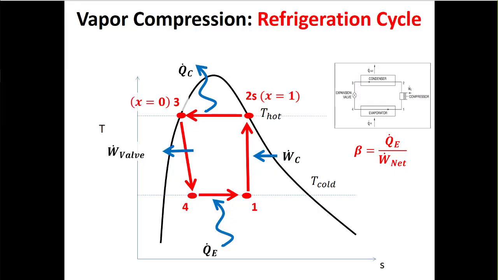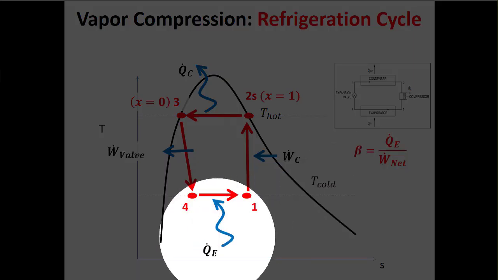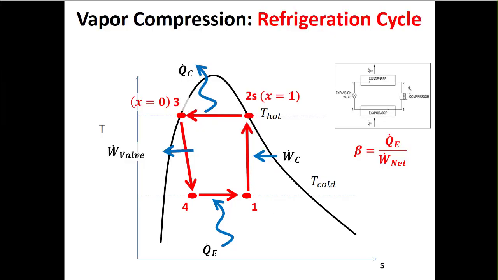Now the thing is, for refrigeration cycles, the energy benefit is the heat that gets removed from the cold side. So this is the heat at the cold side, or the evaporator heat rate. And then the energy cost is going to be our net power. If you've ever run an air conditioner or a refrigerator, you've probably realized that it doesn't work very well if you don't plug it into the wall, right?